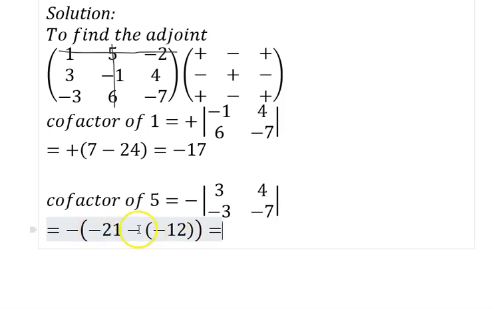Minus 21. Don't forget our minus is still here. Let's deal with this sign. Minus times minus here will give us plus 12. Beautiful.